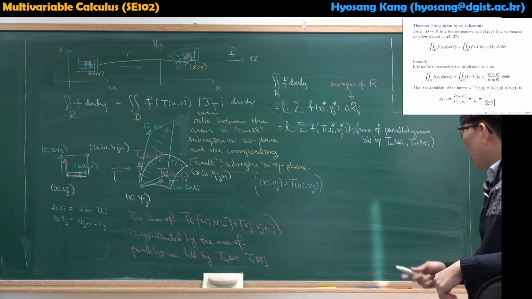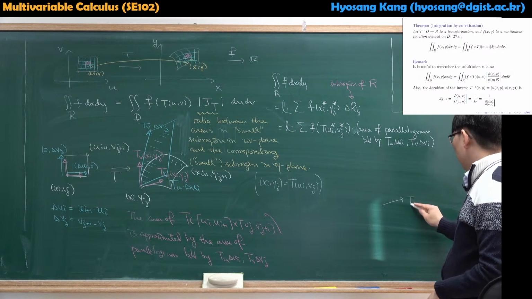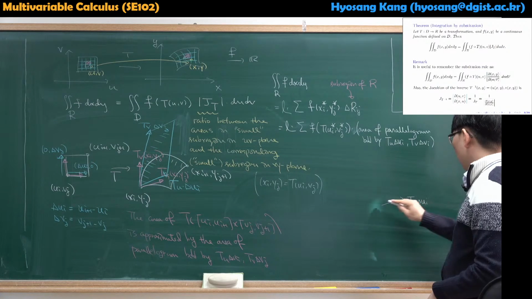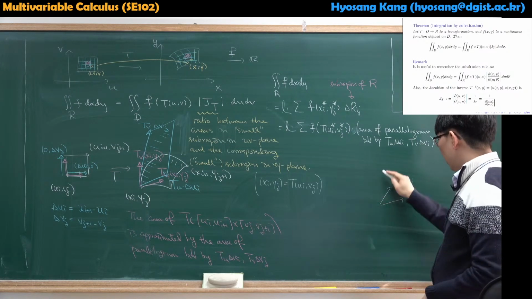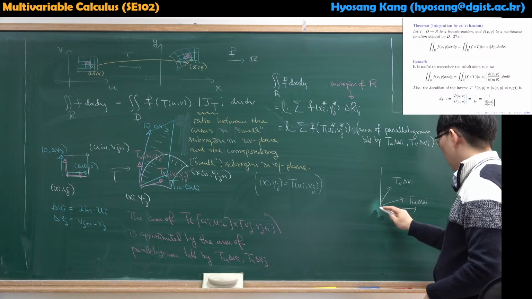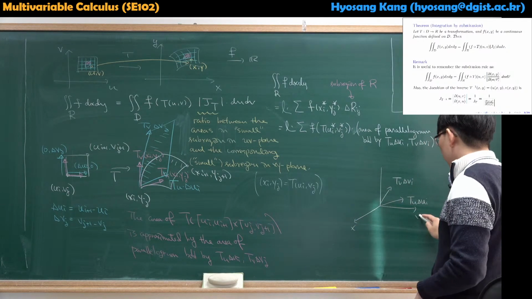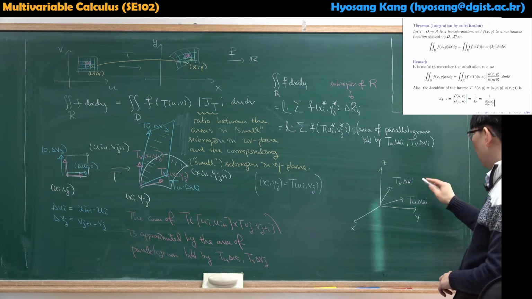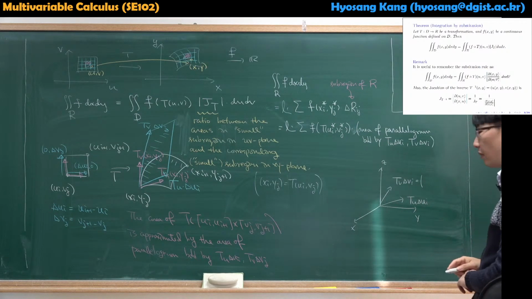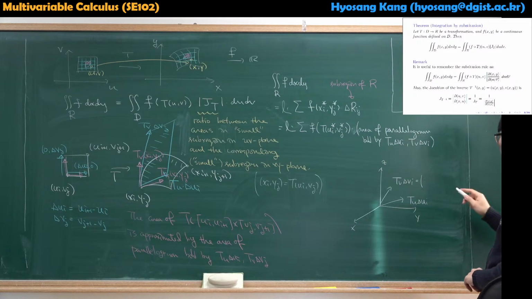So I have these two vectors, Tu delta ui and Tv delta vj. Think of these two vectors as lying inside the xy plane, whose z coordinates are 0. So I'm going to take this as if it's a three-dimensional vector.